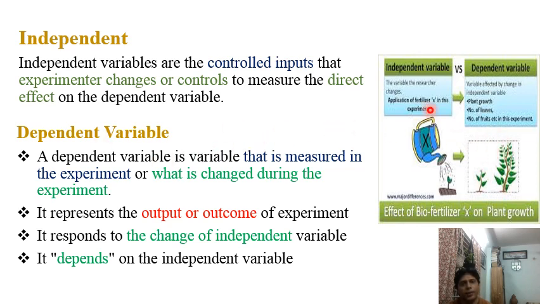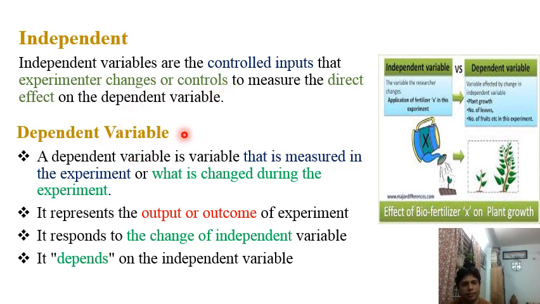So here the use of fertilizer is the independent variable. We can say that independent variables are the controlled inputs, and the user or the experimenter changes or controls the amounts.